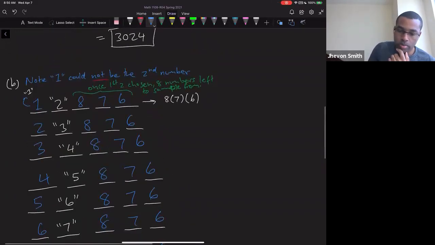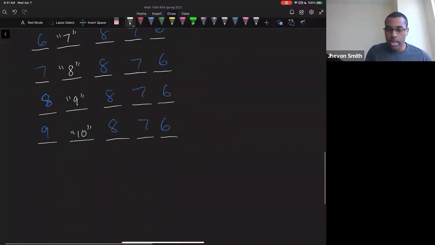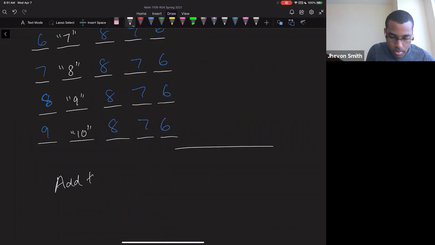So over here, I would have 2 times 8 times 7 times 6. Here, I would have 3 times 8 times 7 times 6, and so on. Then now I want to add them, since there's no overlap.